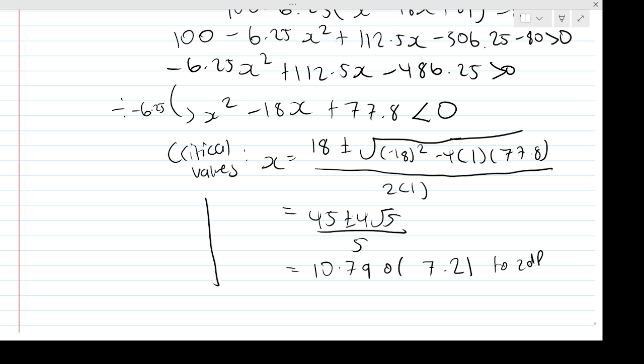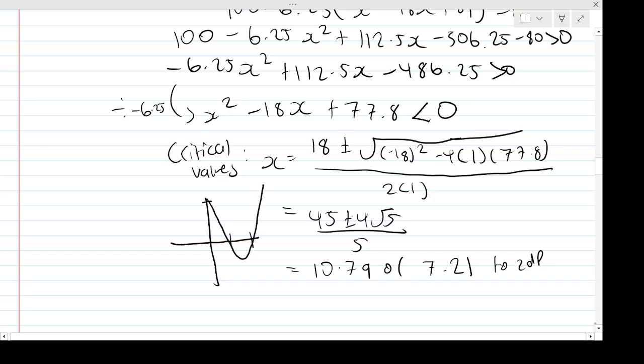So it's going to resemble something like this. So the y-intercept is 7.8. So I'm just sketching this quadratic, which again, we looked at how to do earlier in the course, in the chapter even. So it's going to be about there, 7.8. So 7.21's there, and 10.79 is going to be there. So it's going to be a positive quadratic because it's a positive coefficient of x squared. So it's going to look a bit like that, right?